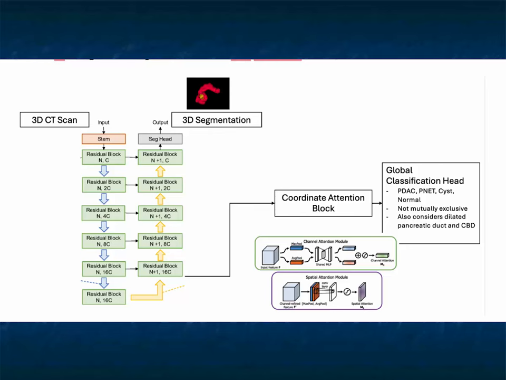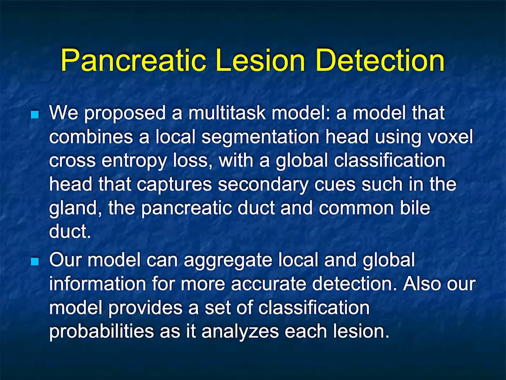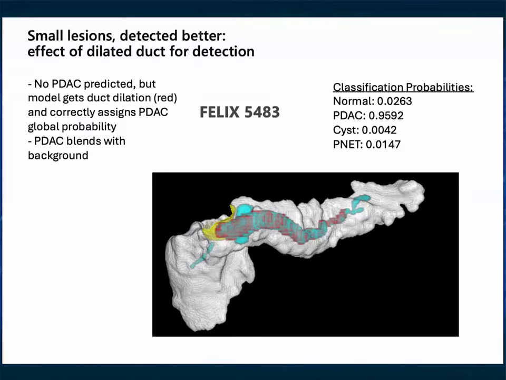Well, here what we're working on now is a multitask model that combines local segmentation using voxel cross-entropy loss with a global classification head that captures secondary cues in the gland, the pancreatic duct, and bile duct. Our model can aggregate local and global information for more accurate tumor detection. Also, our model provides a set of classification probabilities as it analyzes each lesion.